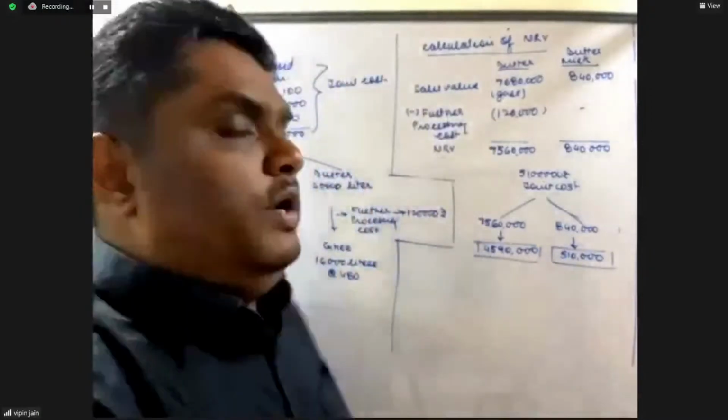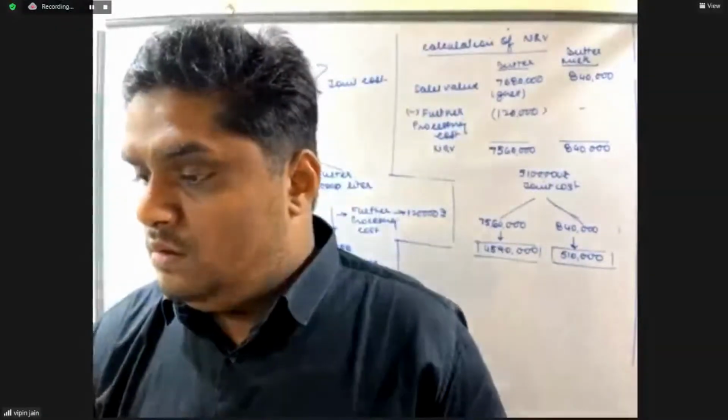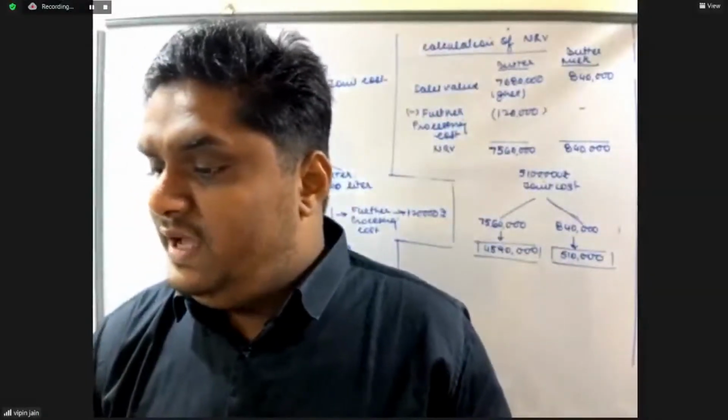So this is how this joint cost is to be distributed. Yes, it is 8,40,000.